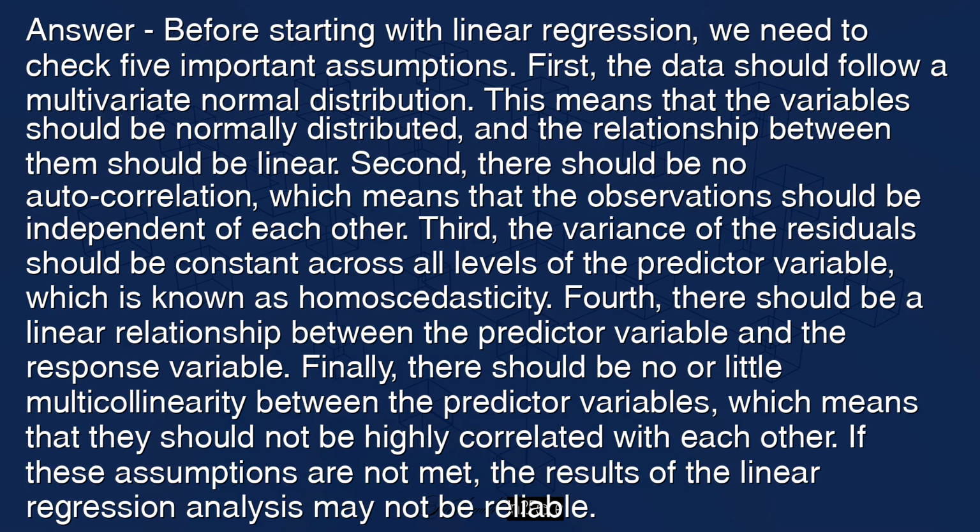Third, the variance of the residual should be constant across all levels of the predictor variable, which is known as homoscedasticity. Fourth, there should be a linear relationship between the predictor variable and the response variable. Finally, there should be no or little multicollinearity between the predictor variables, which means that they should not be highly correlated with each other. If these assumptions are not met, the results of the linear regression analysis may not be reliable.